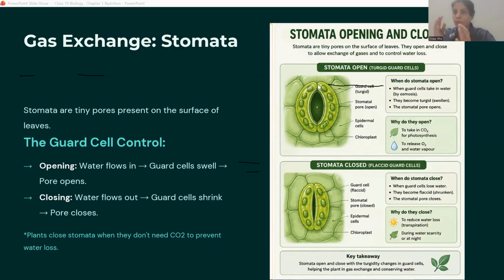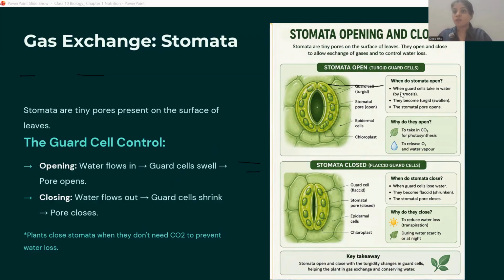When they are open, water goes in and they swell, opening the pores, so they take up CO2. Once the requirement of carbon dioxide is fulfilled, water flows out of the guard cells, they shrink, and the pores are closed.